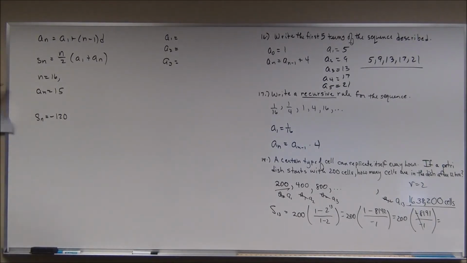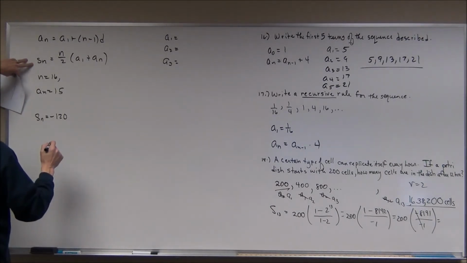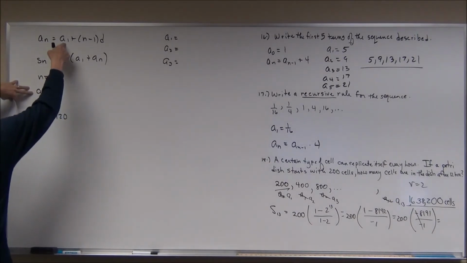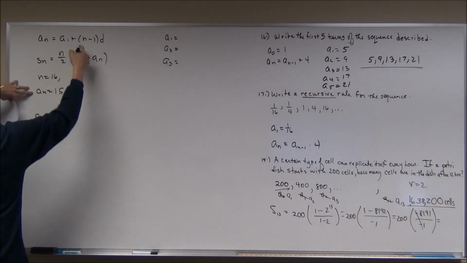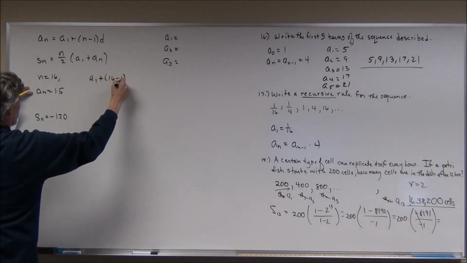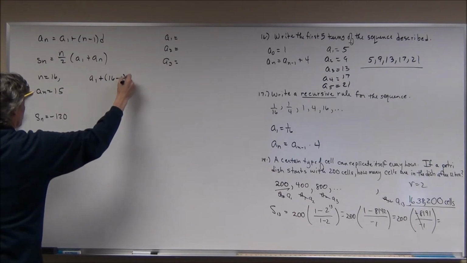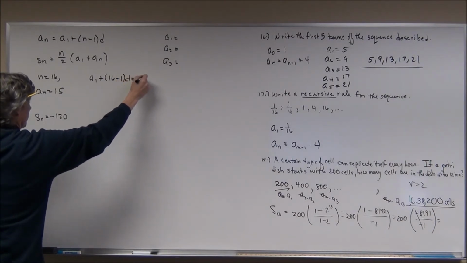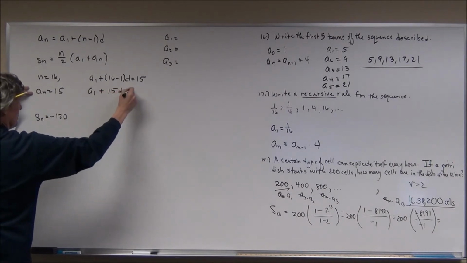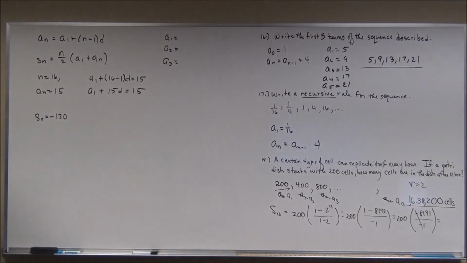Let's think. All right. A sub n is 15, so I'm going to go right to here. I know that this is the 16 here, so I have a sub 1 plus 16 minus 1 times my difference, which I do not know, has to equal 15. So I have a sub 1 plus 15d is equal to 15. See, I have an equation with 2 unknowns.